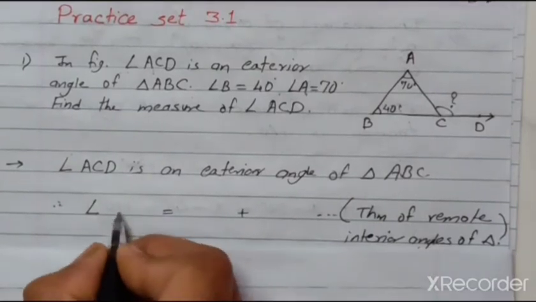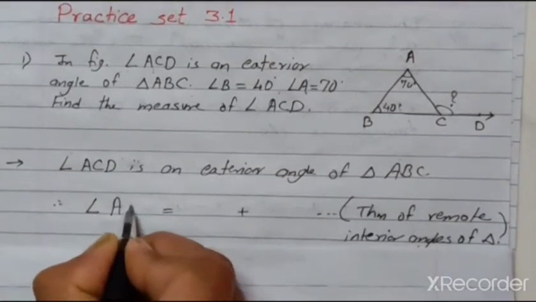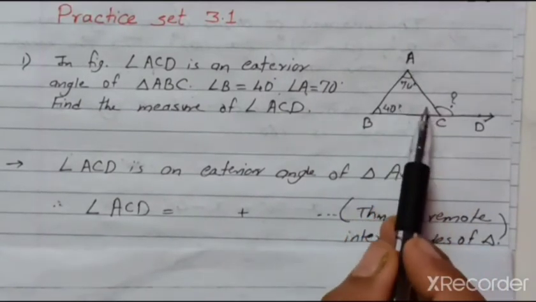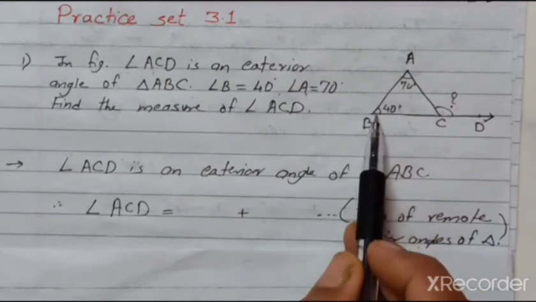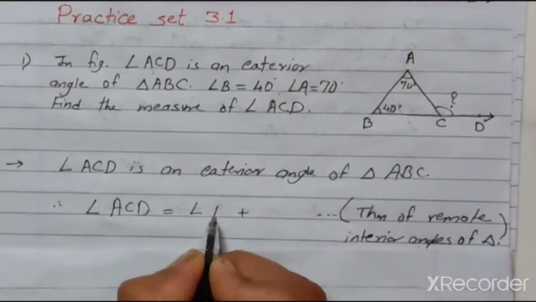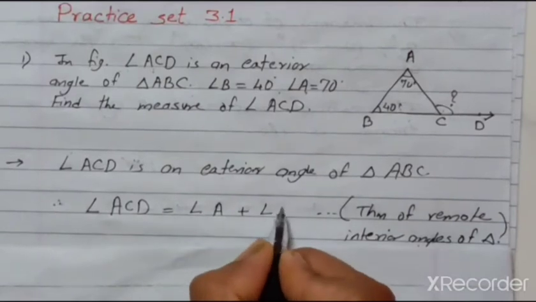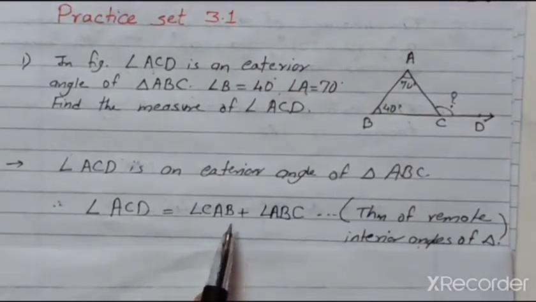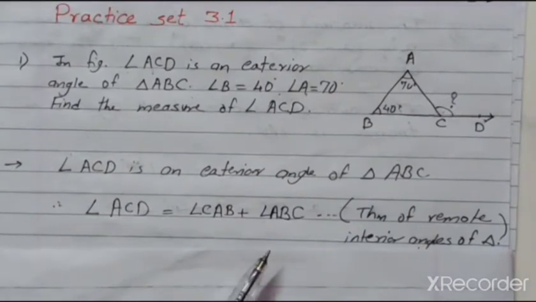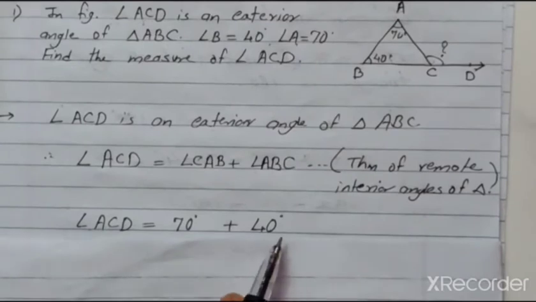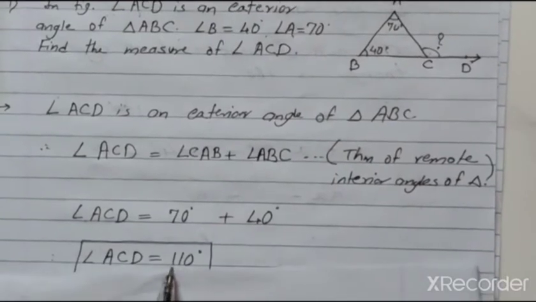Here we are writing: exterior angle ACD, its measure is the sum of its remote interior angles. Its remote interior angles are angle A and angle B. I just convert it into its three-letter name. Now let us substitute its values. So 70 plus 40 becomes 110.